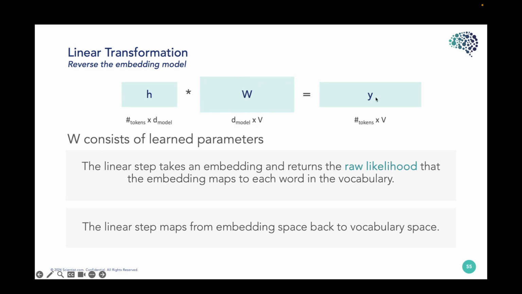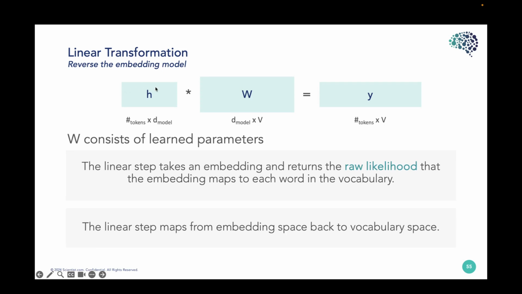And out of that, you're going to end up with a new matrix that is number of tokens by the size of your vocabulary. So if your vocabulary has 500,000 words, you're going to end up with a matrix that is 5 by 500,000. And the values in that matrix, you can think of them as kind of the distance that each word is from the point in meaning space that the original vector pointed to.